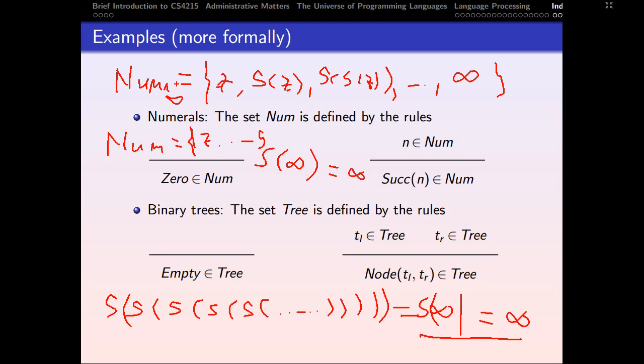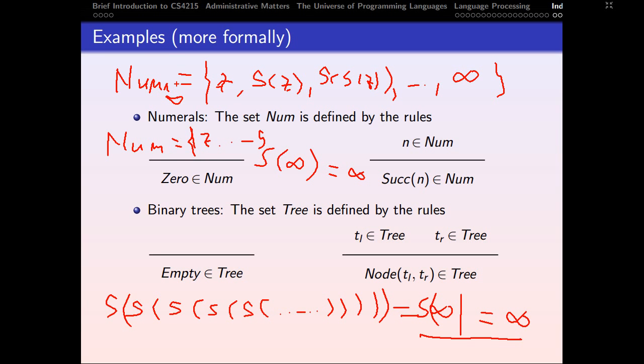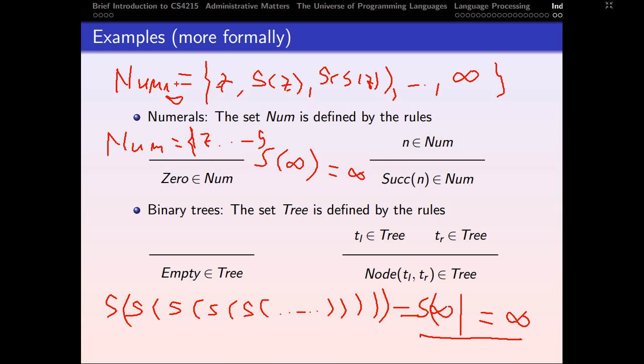So I want you to think of it this way: the rules are equations, and you definitely have systems of equations with multiple solutions. So this set of equations has at least two solutions, one with infinity inside and one without infinity inside. Which one do we take? Obviously, we want to define a unique set.